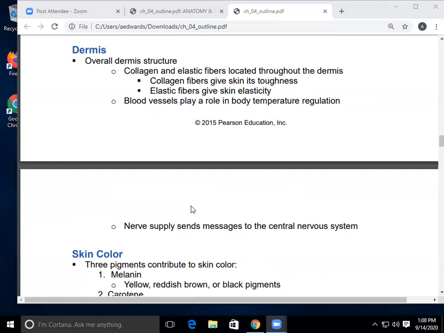Collagen fibers give skin toughness. So blood vessels, their role is to help your body regulate temperature. You also have nerves in your dermis, and they help send signals to your central nervous system. So you can regulate, again, things like pain, pressure, temperature, touch.